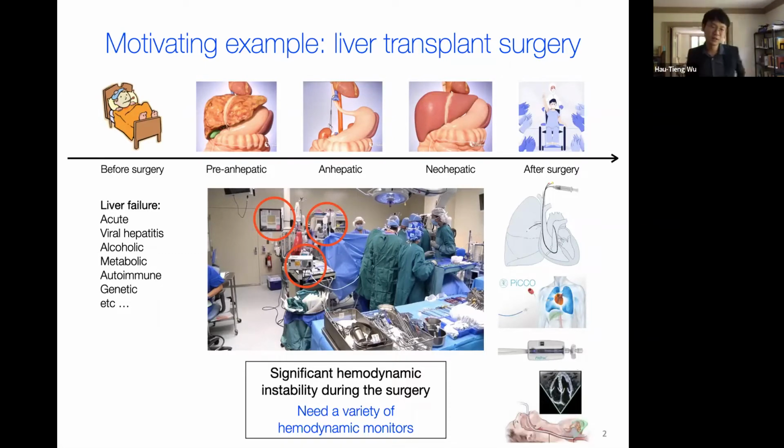So physicians need several tools and monitors to see what's going on during the surgery. There have been several tools that physicians use, which I will not go into in detail, but the purpose is to monitor the significant hemodynamic instability during the surgery.